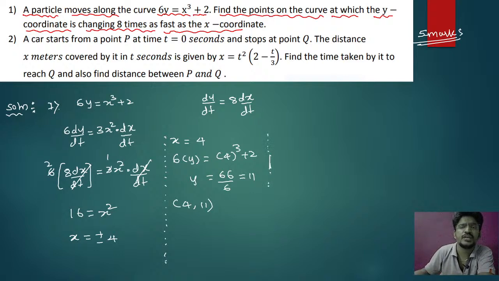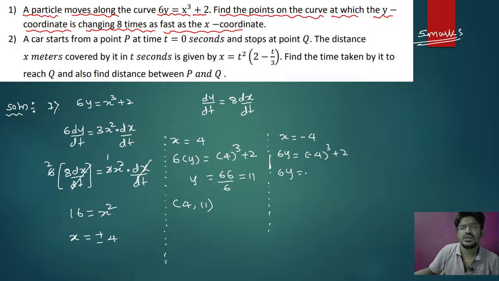Go for the second point. What is the second point? If x is equal to minus 4, you can just see 6y equals minus 4 cube plus 2. So 6y equals minus 64 plus 2.